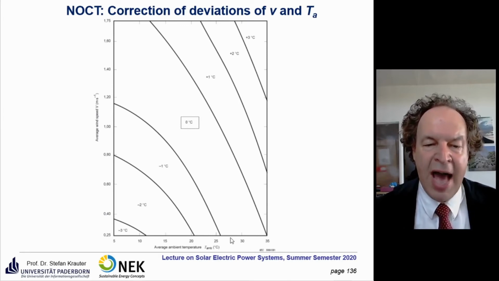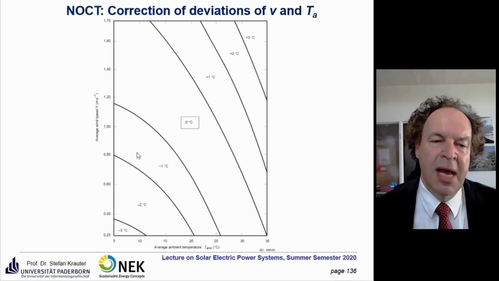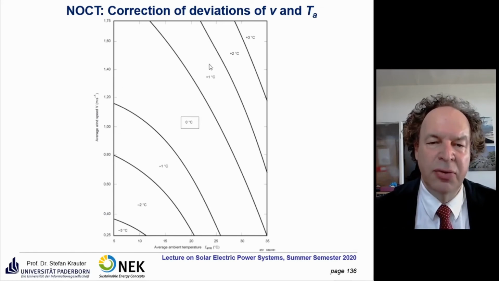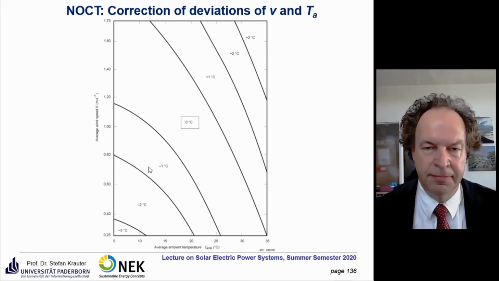If you have higher temperatures, then you have to correct by 1 degree, or if you have lower temperature, you have to correct it also by minus 1 degree, and same for the wind. If you have higher wind speed, that is a higher cooling effect, you have to add 1 degree. If you have lower wind speed, you can take off 1 degree of the NOCT.